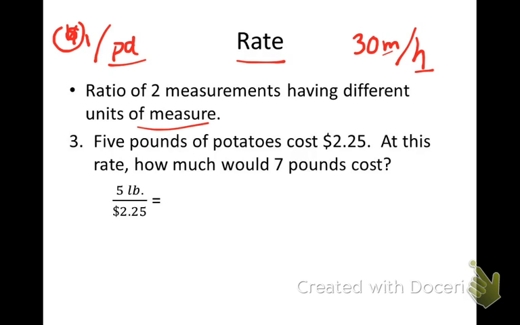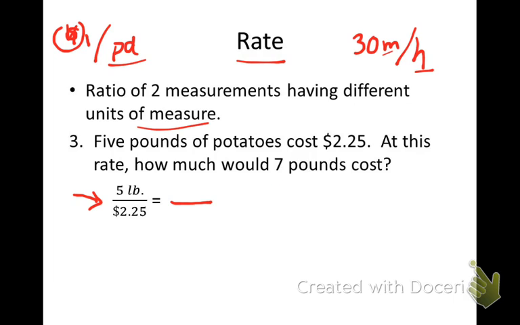So we're going to set up a proportion when we solve these types of problems. And the first ratio that you set up is interchangeable. Doesn't matter which one goes on top, but I want you to put your labels beside it, because that'll make the second part easy then. So 5 pounds of potatoes cost $2.25. That would give us this ratio. If you want to put $2.25 on top over 5 pounds, you can. So the first part doesn't matter, but the second part's what's important, and that's why I want you to label them.